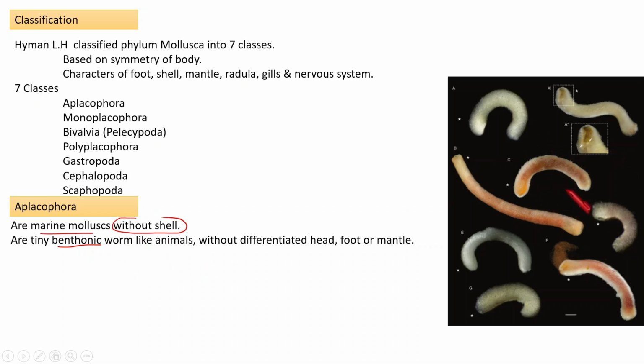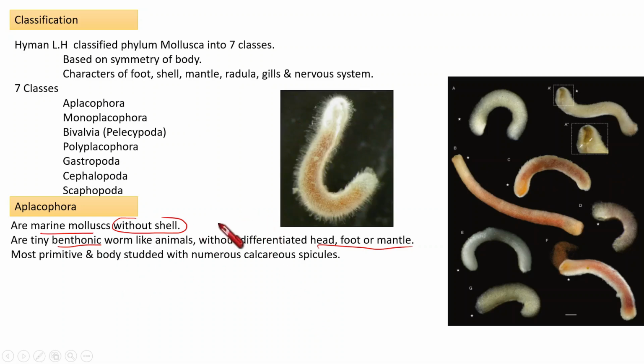We can see the image here. Its body cannot be differentiated into head, foot or mantle. So it simply has a worm-like appearance and is the most primitive one. Looking at its body, we can see numerous calcareous spicules projecting from it.